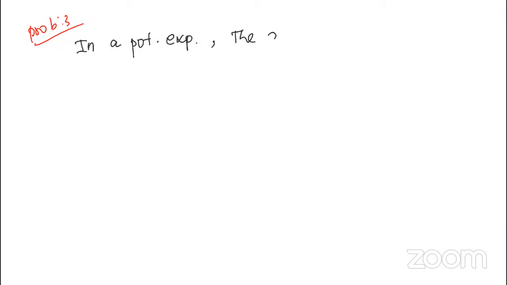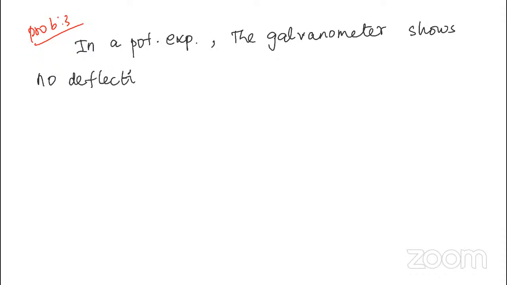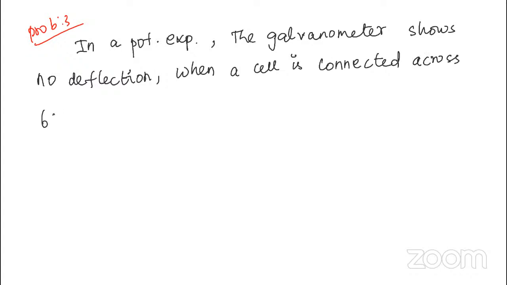The galvanometer shows no deflection when a cell is connected across 60 centimeter of the potentiometer wire.